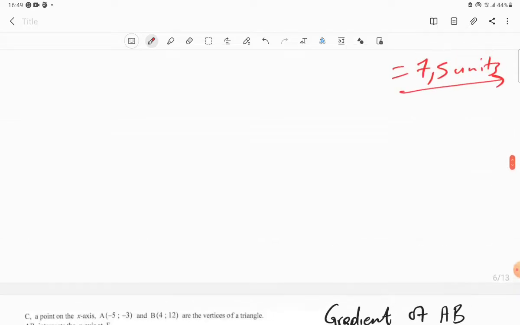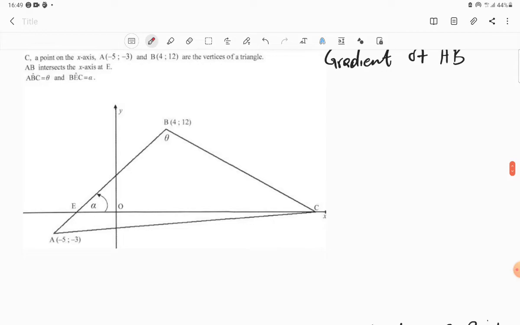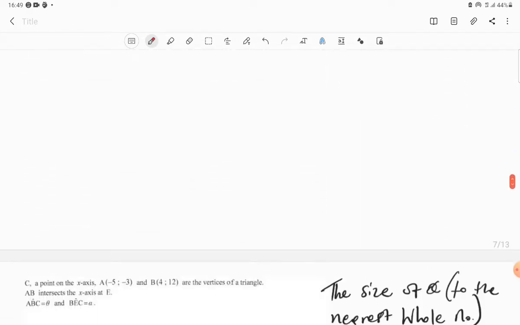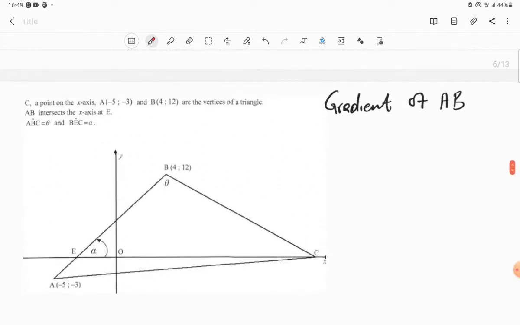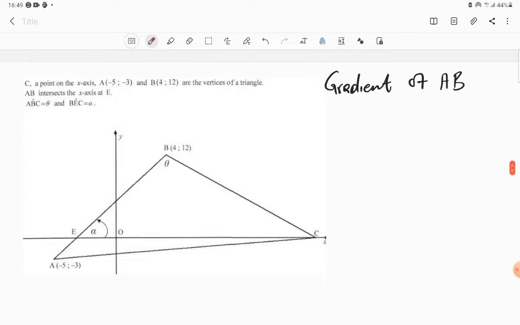So we are truly done. Let's get into the next diagram. The next diagram is now telling us another story, and fortunately, we're going to cover everything in this diagram. This situation tells us that C is a point on the x-axis. So this is C. A and B are the vertices of the triangle.